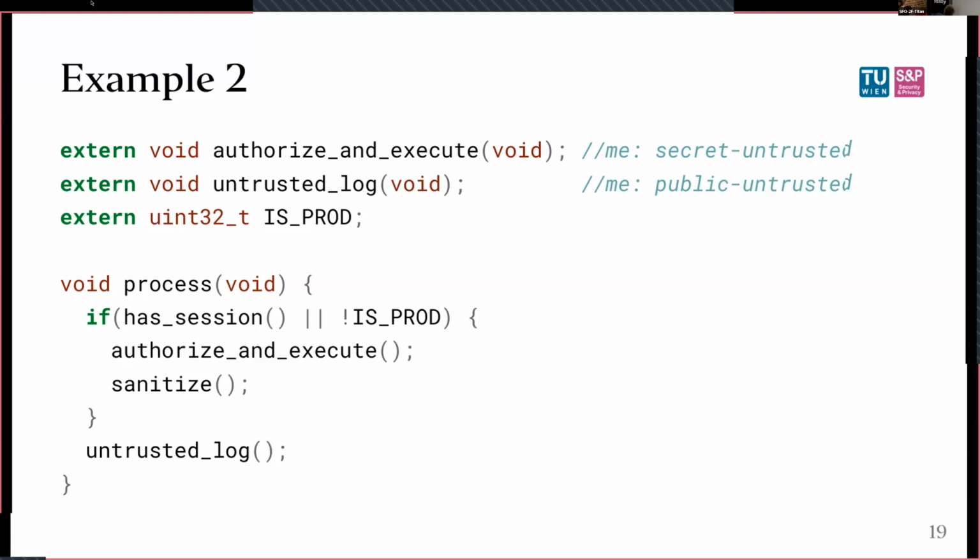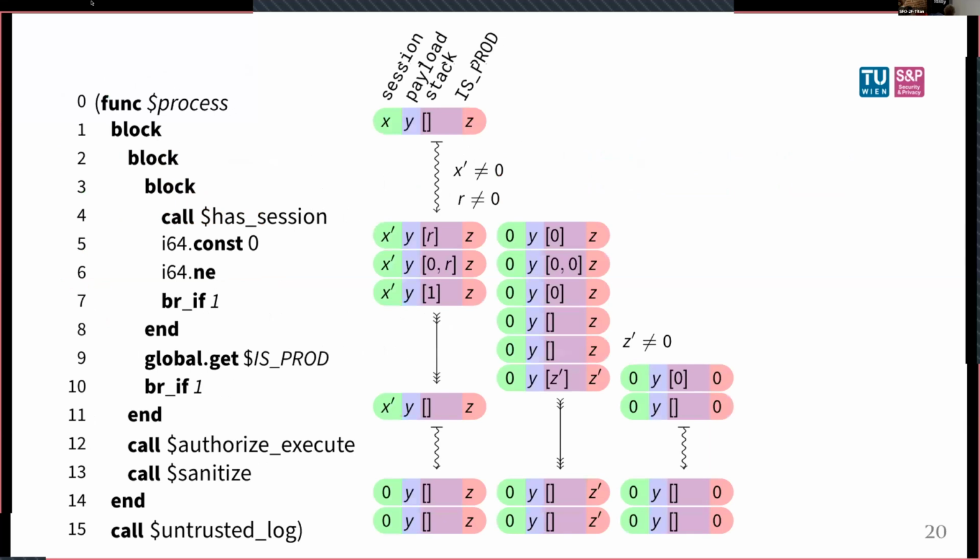So potentially this is also secret. If we have taint tracking, which just taints all the values, well, good, the values are tainted and they will be still tainted at untrusted log. So what we did is we combined taint tracking with an abstract interpretation, which is kind of value sensitive.